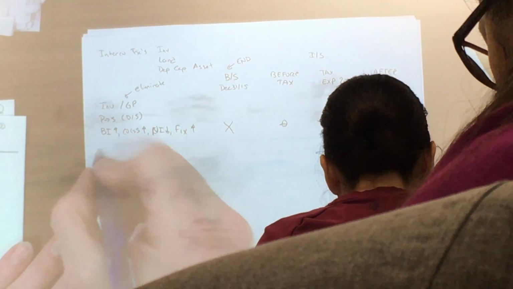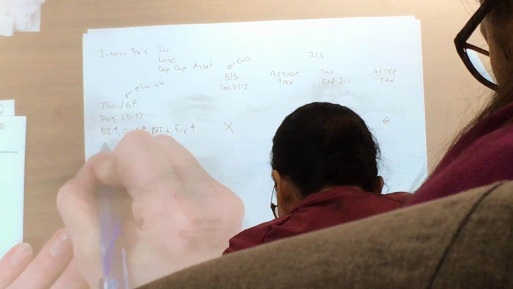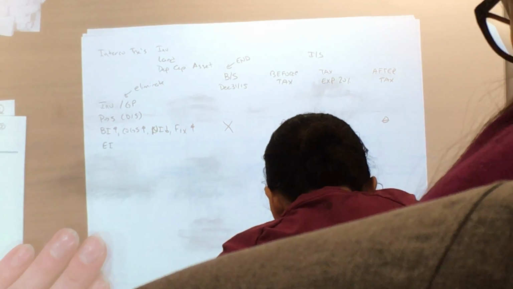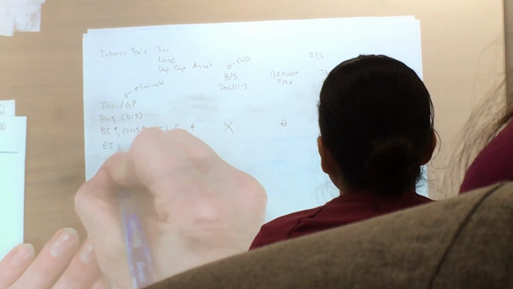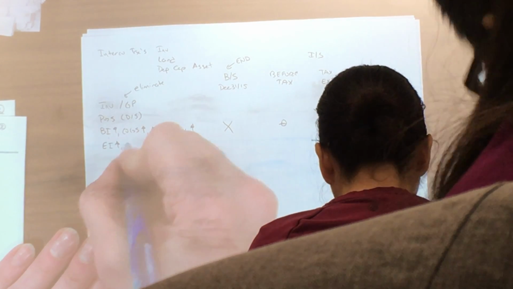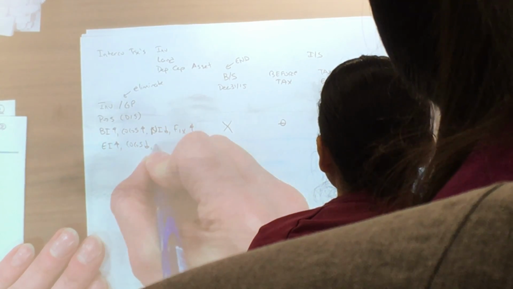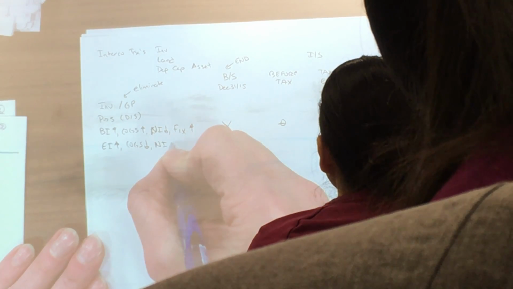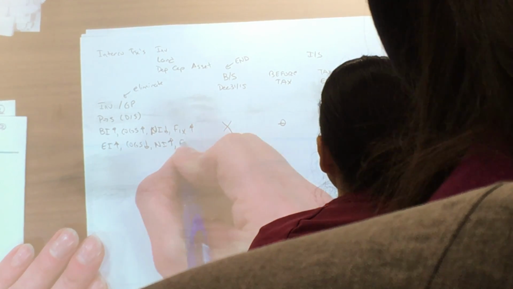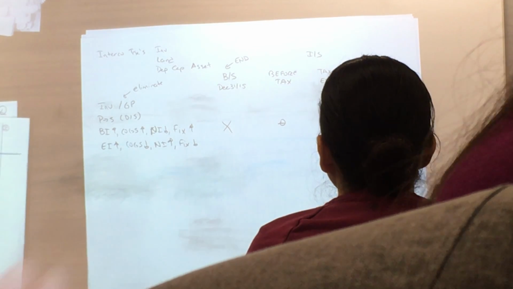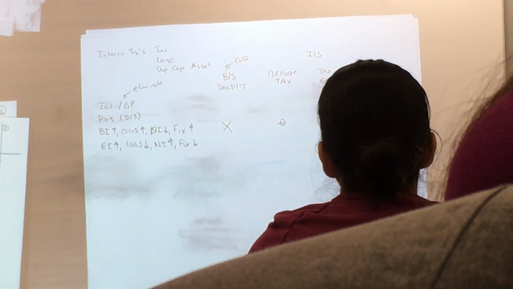Next, we will have ending inventory. It's treated like an error, so ending inventory is considered too high. Cost of goods sold would be considered too low. Net income would be considered too high. And then when we fix it, we will get rid of it.